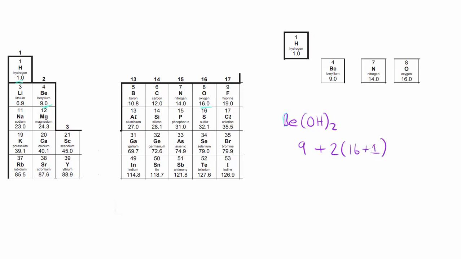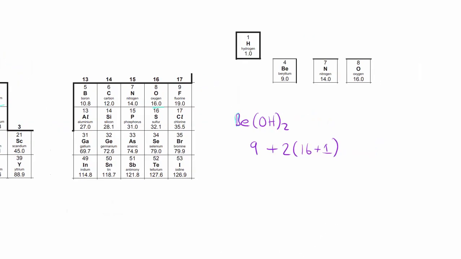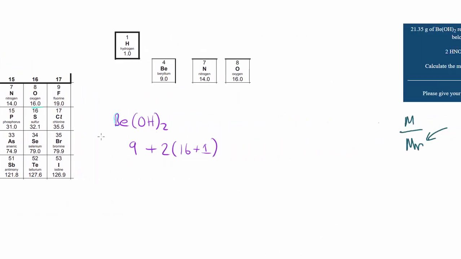That's relating to the OH, and that's going to give us the Mr. So for Be(OH)2, the Mr is equal to effectively this. If you have a go and work that out, you should find that you get 43, and that's going to be in grams per mole.